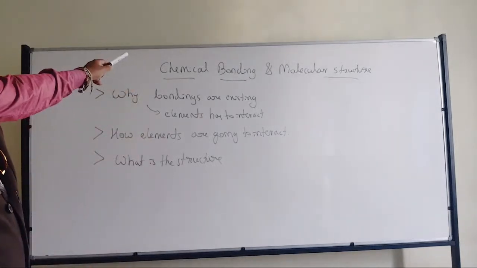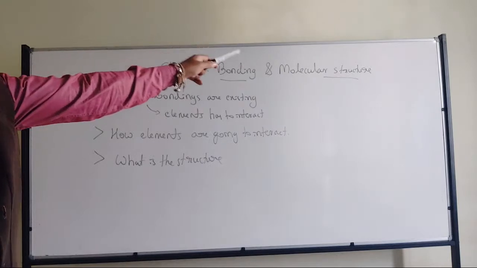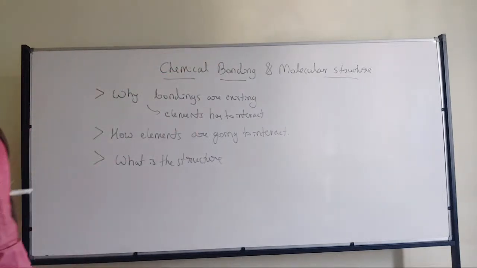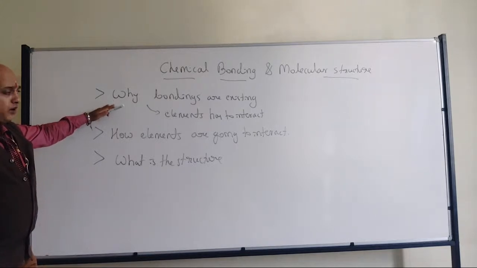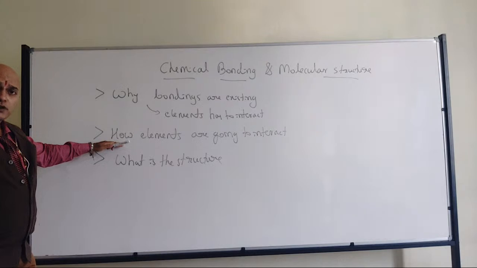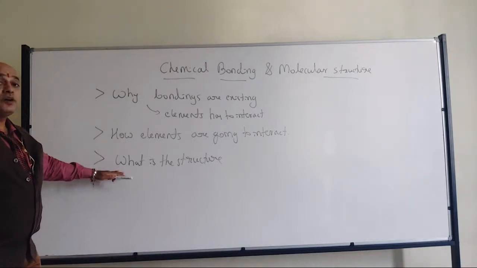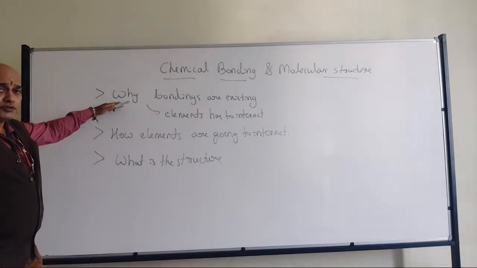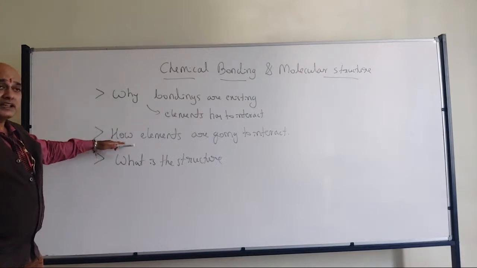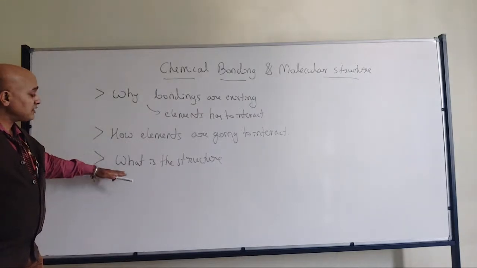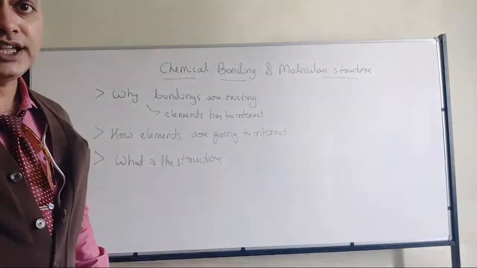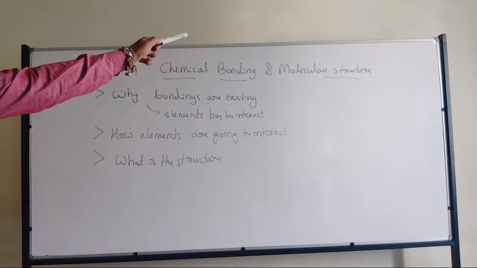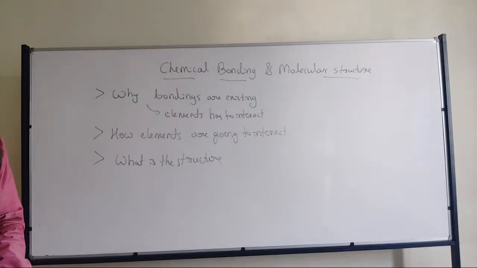Therefore the name of the topic is chemical bonding and molecular structure. We discuss why there is the existence of a chemical bond, then how this chemical bond will be formed. Once we know that they have to interact, and in these ways they are going to interact, the next one is what is the structure then? How are these elements arranged in a compound? That's where molecular structure comes into the picture.